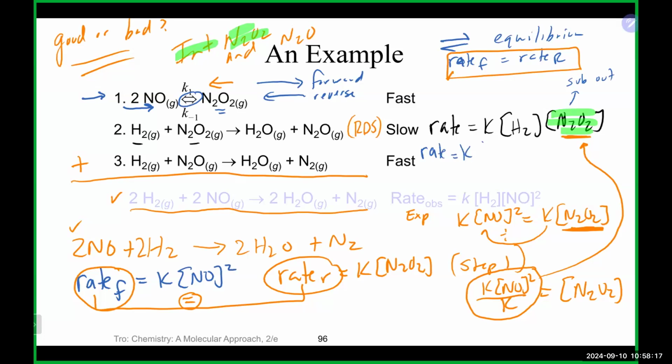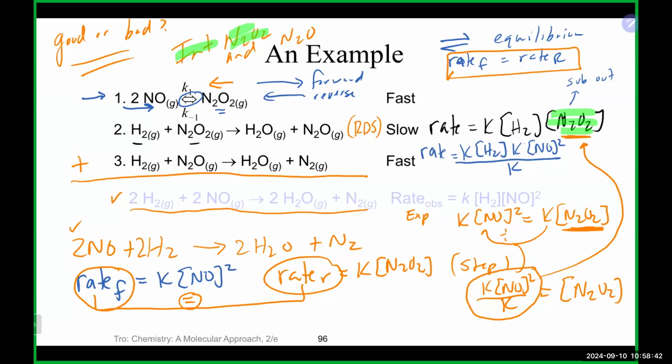We'll go with k[H2]. Then I'm going to have k[NO]² divided by k. If I just substitute that in there, all those k's are rate constants, which means should they be the same or different numbers? They are the same. Who cares what it is at this point, but they should be the same number.